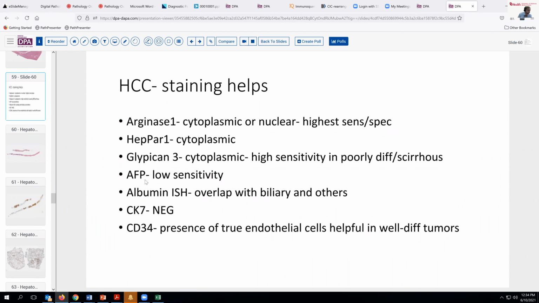CK7s are usually negative, and then I've mentioned here that CD34 identifies true endothelial cells, which you do not have in normal liver plates. You have Kupffer cells, but Kupffer cells are not CD34 positive.